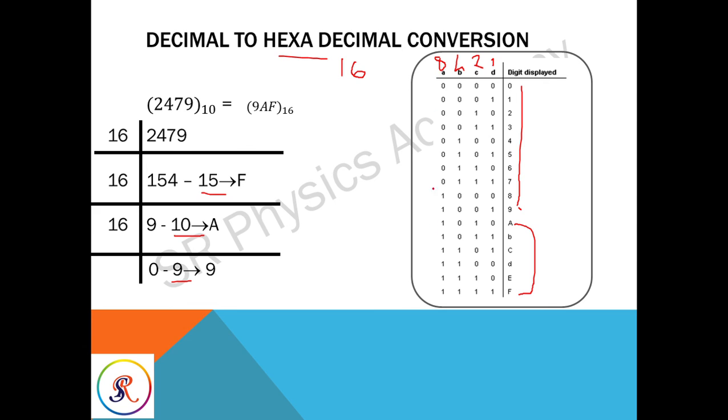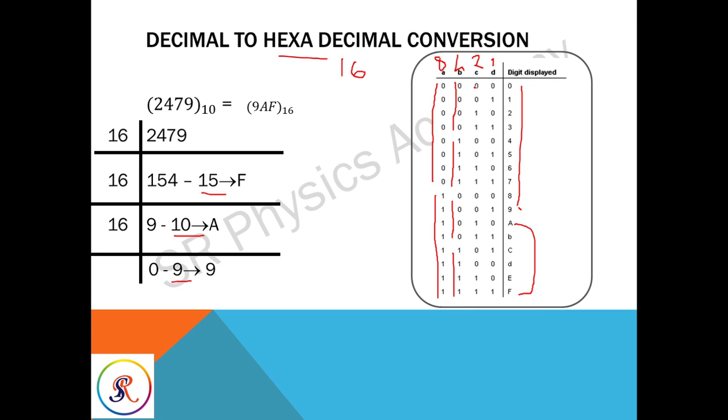In this, how will we remember the truth table? First 8 means we have to write 8 times 0, then again 8 times 1. Is it clear now? After that, 8 divided by 2 means 4, so again we have to write 4 times 0, again 4 times 1, 4 times 0, 4 times 1.